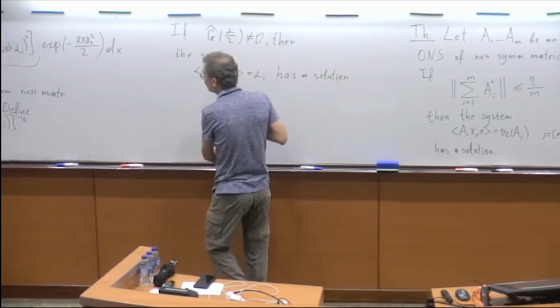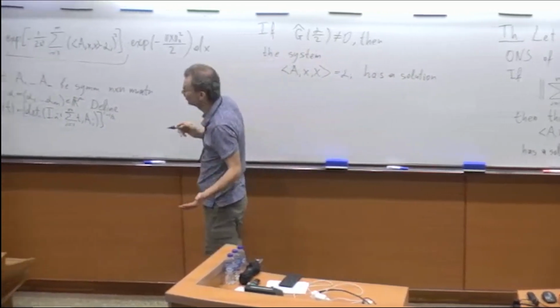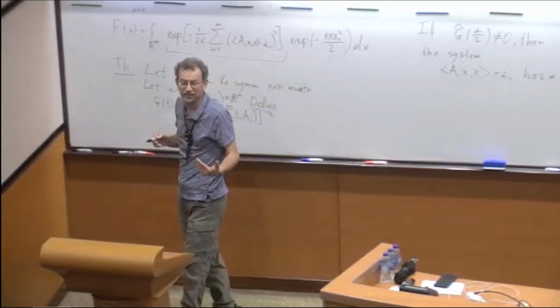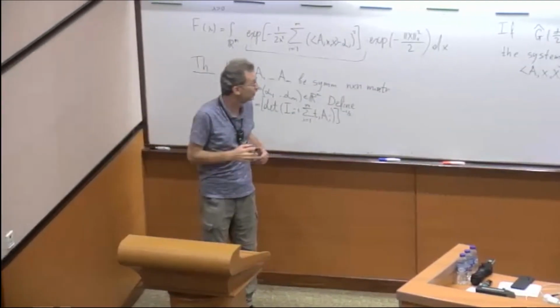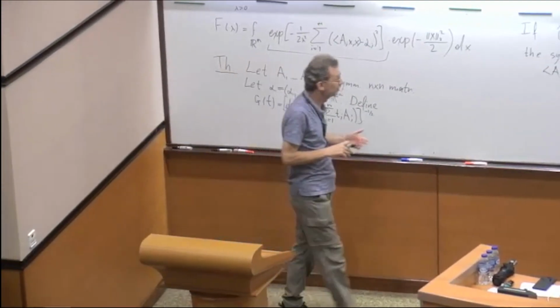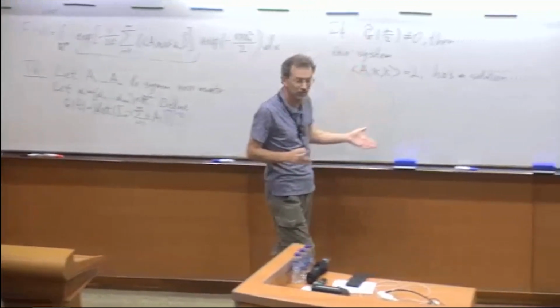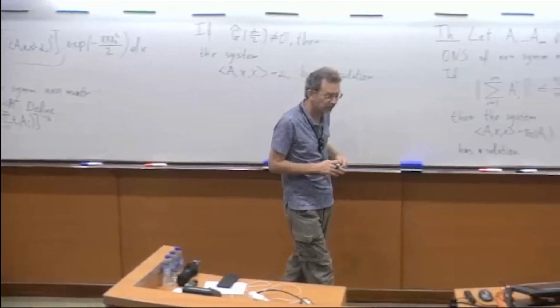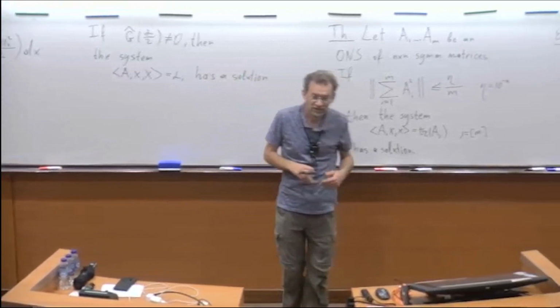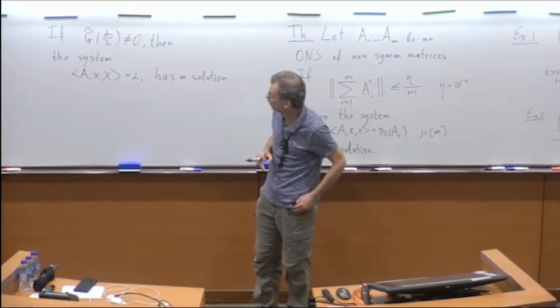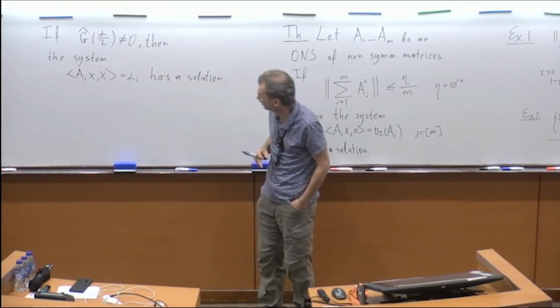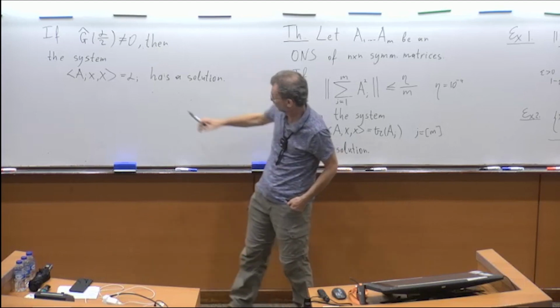And again, this is much simpler than analyzing the asymptotic. I have to check just one number. If it's non-zero, I am done. So again, at this moment, I can go and happily drink coffee, but not really.